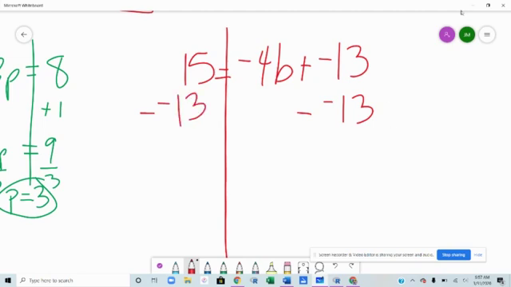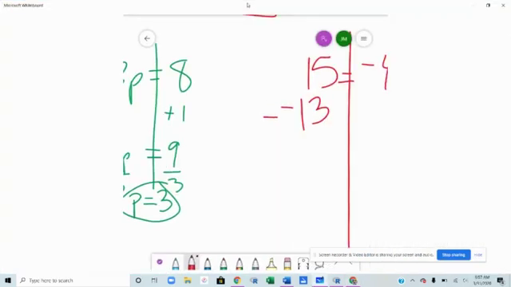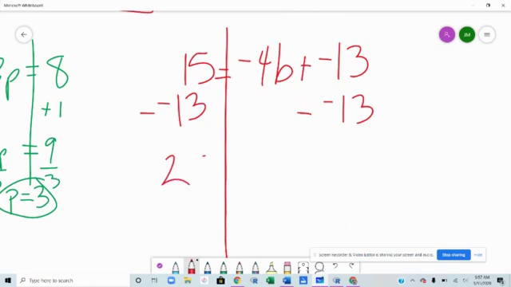And this is one place where Desmos might be helpful for you. So we've got 15, and we need to subtract negative 13, which gives you 28. So I've got 28 equals negative 4b, and then your plus negative 13 and your minus negative 13 are gone.